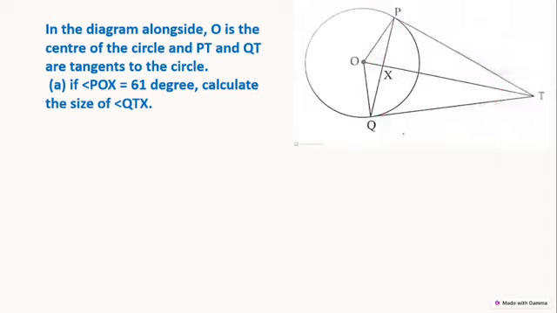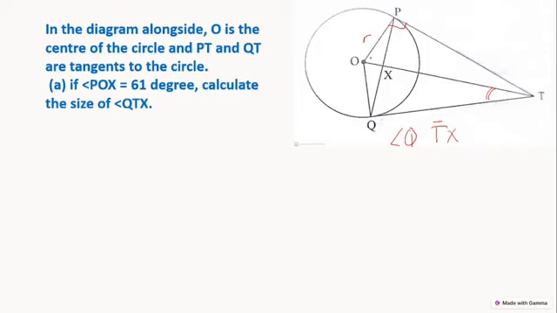So we can now find the angle QTX. This is the angle you need to find, the angle on T. To find the angle which is right here, we can see we have the radius OP. This radius OP is perpendicular to the tangent PT, meaning that here we are having a 90 degrees.